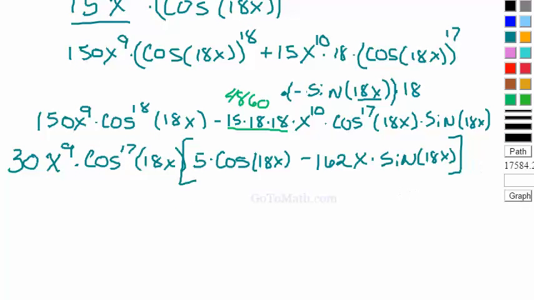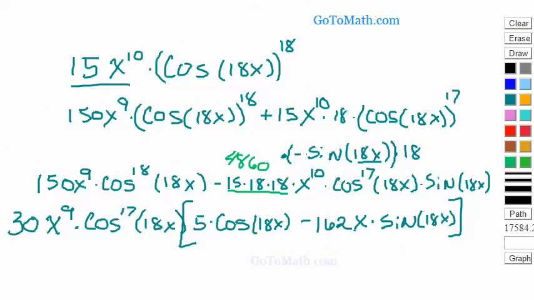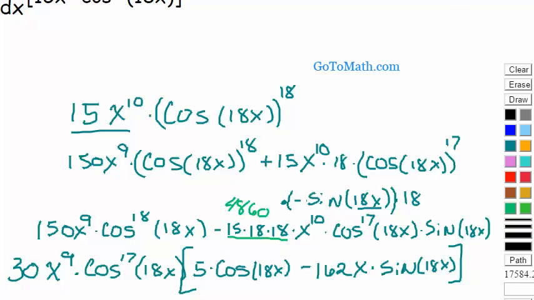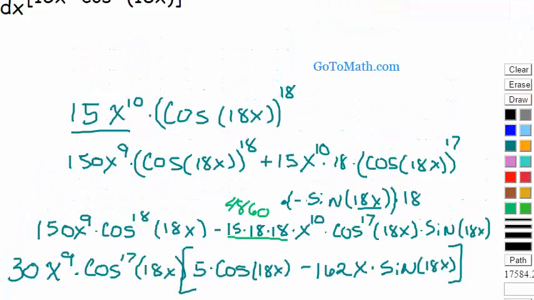For this part of the problem, I'm not going to do this, but you just take the 1.18 and plug that in right here, since this is the derivative, or you could plug it in here, whatever you want to do.